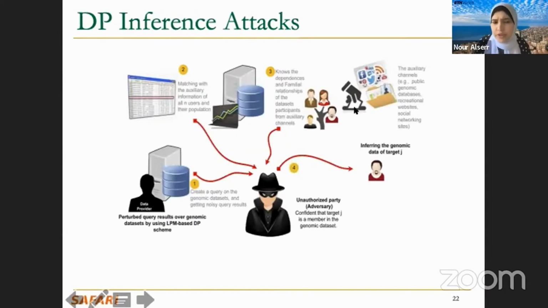He could know this from some side channel leaks, like social media, or maybe it is a targeted attack in which he knows that these family members are participating in that data set. So using this information, that the family members are included, plus the sum query, he could infer.